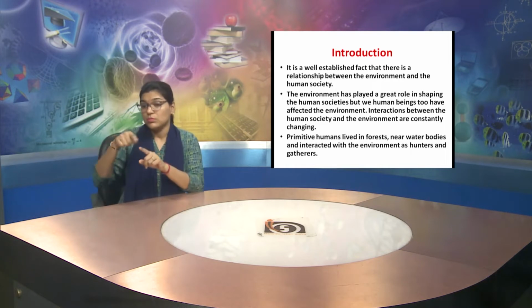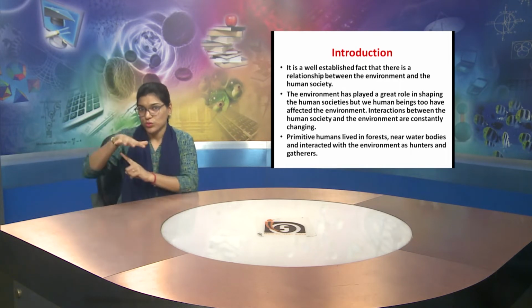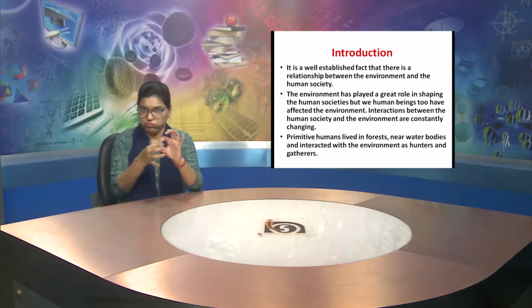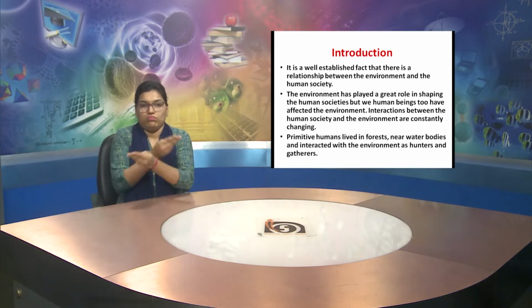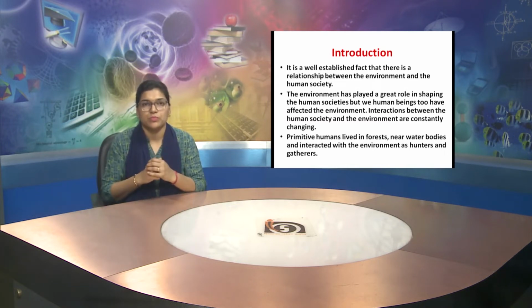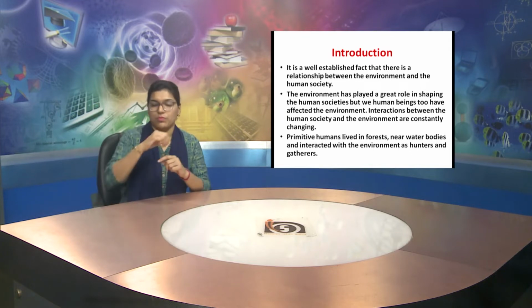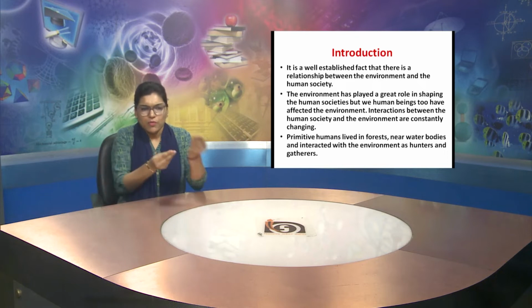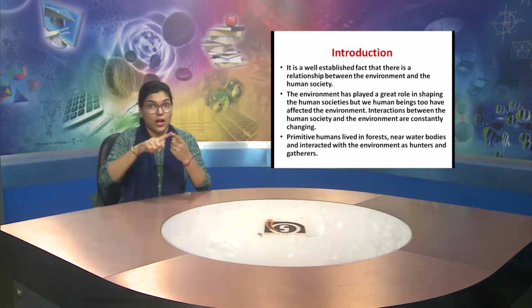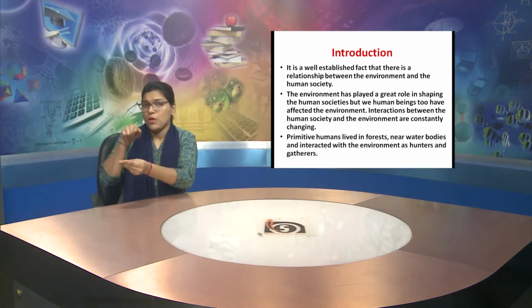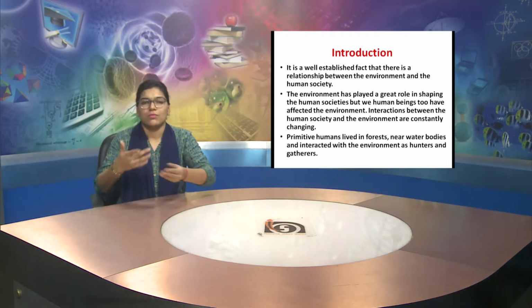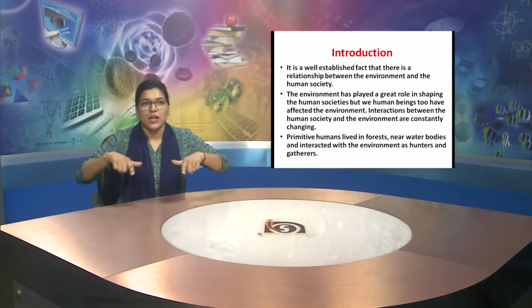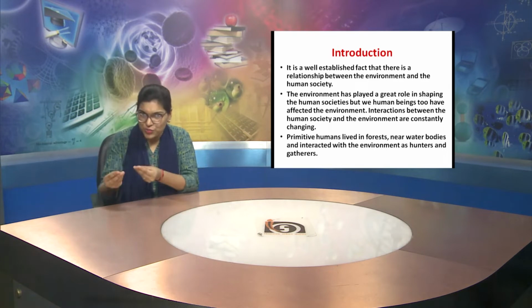The environment has played a great role in shaping human societies. But we human beings, who also form the society, have also affected the environment. The interaction between human society and the environment is constantly changing.